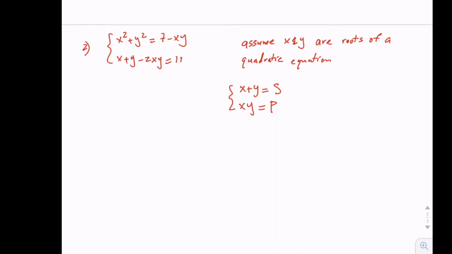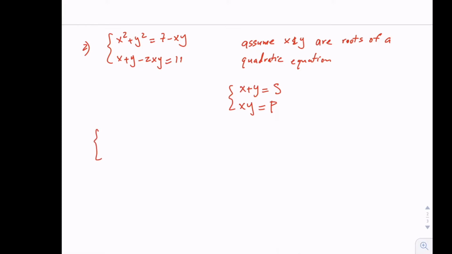So now let's replace these into this equation. From the previous problem that we solved, I'm going to post the problem number in the comment section, we know that x squared plus y squared is s squared minus 2p.